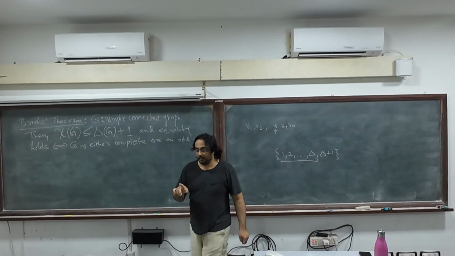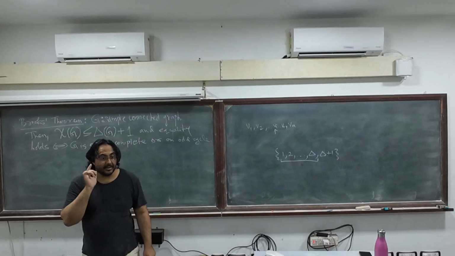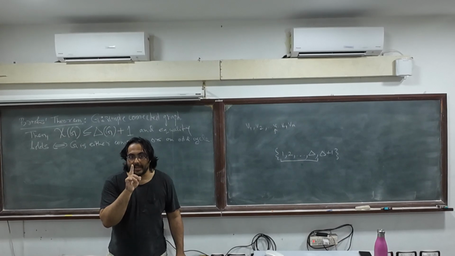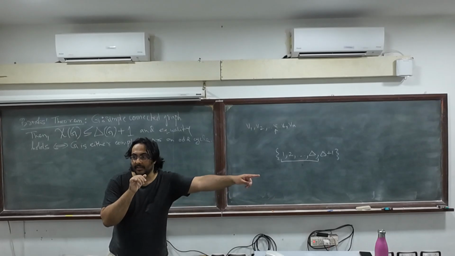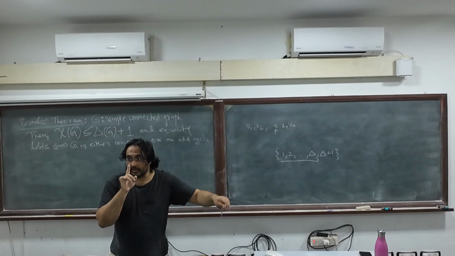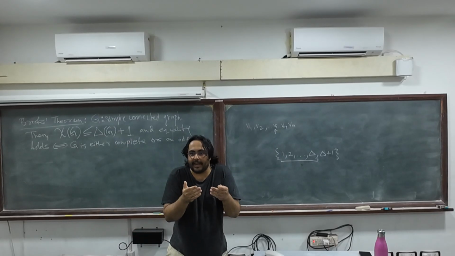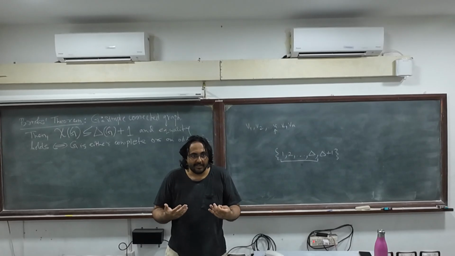Do you agree? What would be nice? When I reach Vi for i less than n, what would be nice? If there is at least one uncolored vertex. That would be nice. You agree? Of course, at Vn, I cannot expect anybody to be uncolored because everybody is colored. I am the only uncolored fellow.